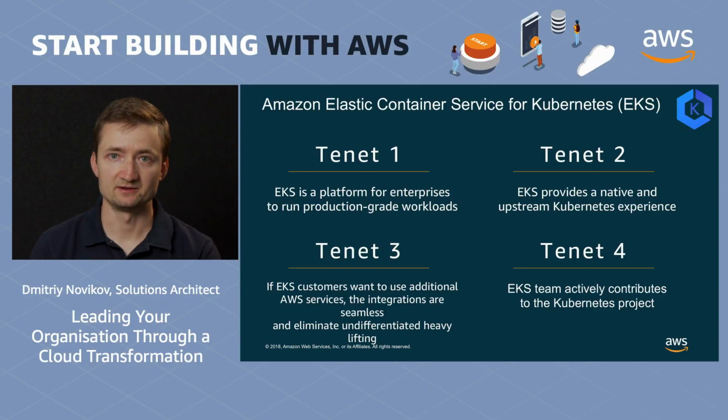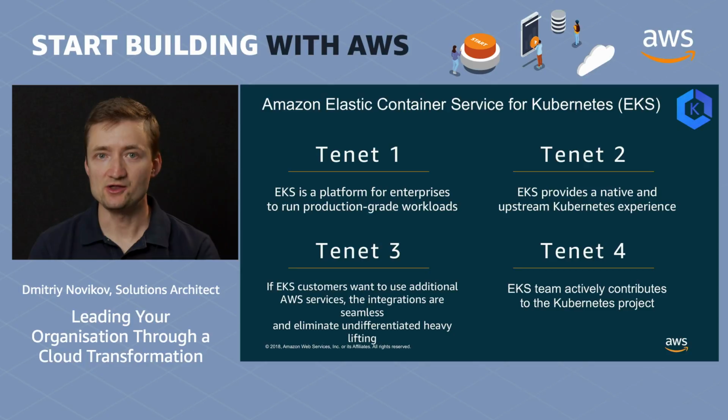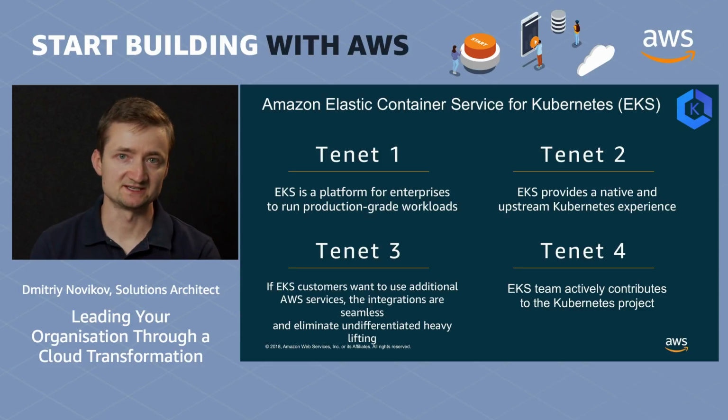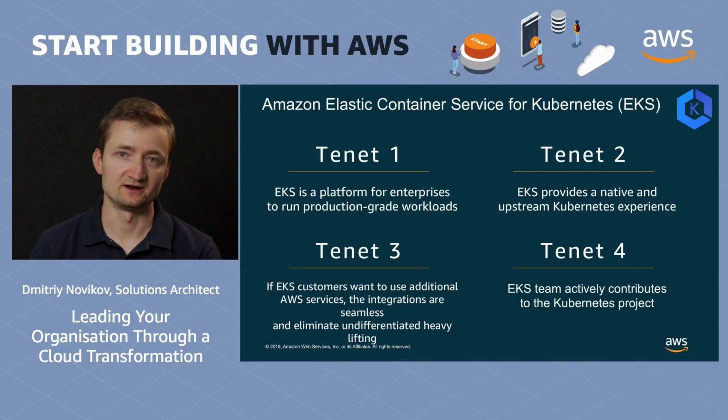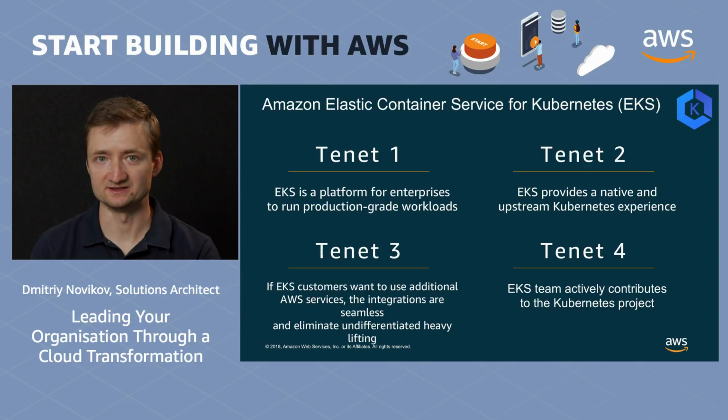Your existing applications and investment in Kubernetes work right out of the box with EKS. EKS customers are not forced to use additional AWS services, but if they want to, the integration is seamless and eliminates undifferentiated heavy lifting. We are focused on making contributions to the projects that allow customers to use the AWS components they currently know and love with their applications in Kubernetes.